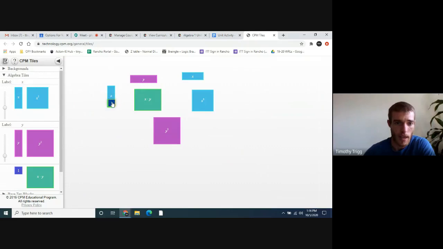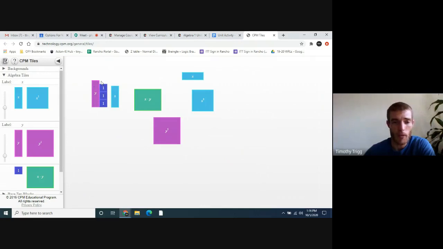Can I use this unit tile to figure out the area of this x? Well, let's see. I could put a unit tile there, and maybe another one and another one, but it doesn't fit quite right. You see how the three singles are a little bit bigger than the x? So we can't use these unit tiles to tell me the exact area of the x. Well, can we use it for the y? Not quite.